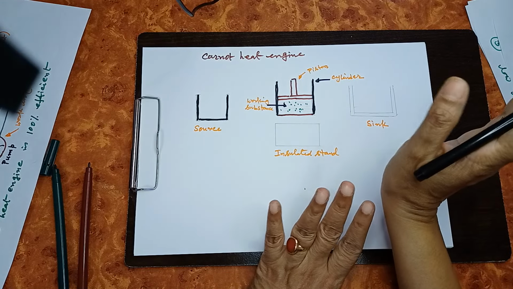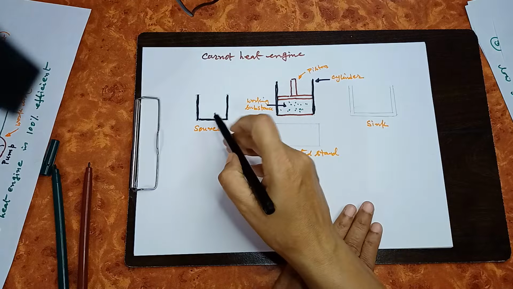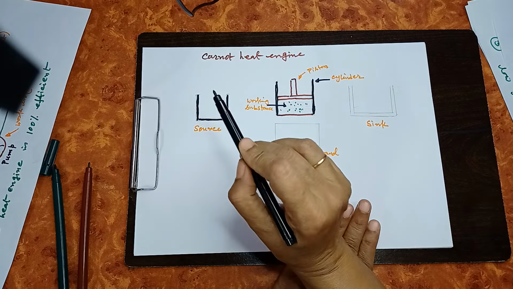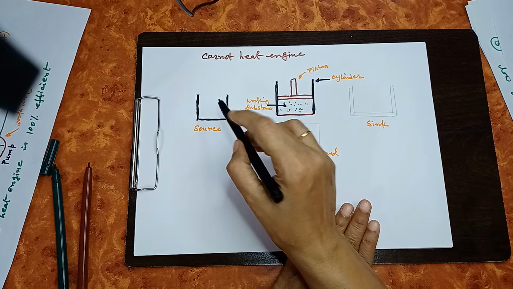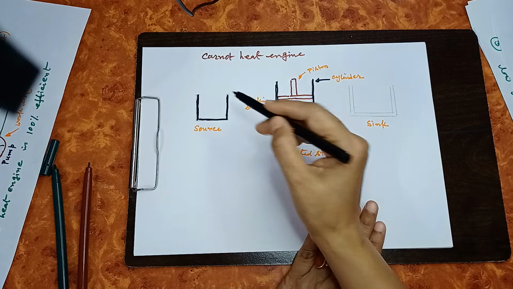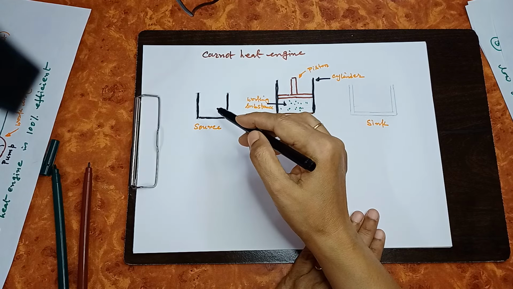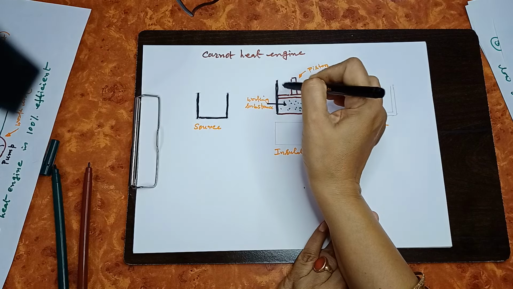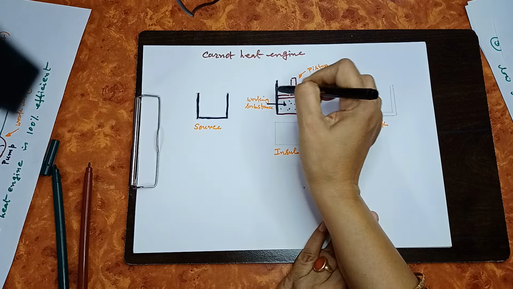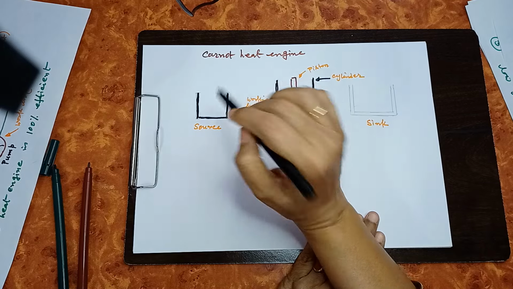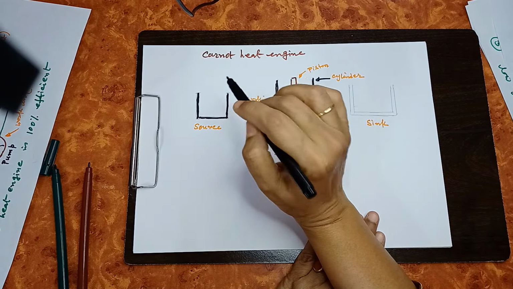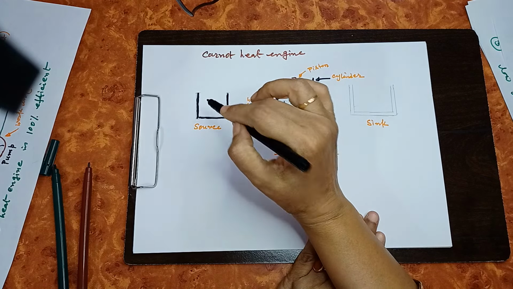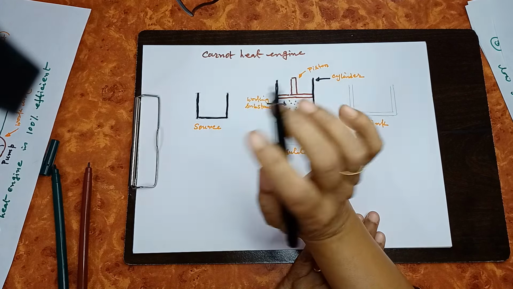Already you know. This source has infinite heat capacity. That means continuously it is absorbing the heat, still its temperature will not change. It must have the infinite thermal capacity.